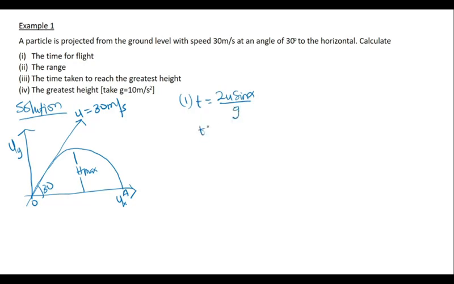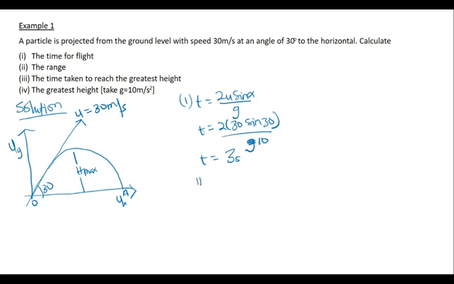So our time of flight t is equal to 2, our initial velocity u is 30, so we have 30 sine, the angle is 30, then divided by gravity. Our gravity is 10 over here. So if we input this into the calculator, we are going to get our time to be 3 seconds.